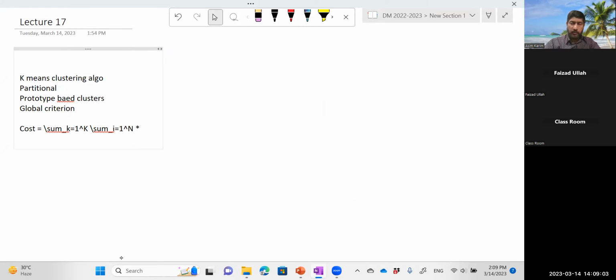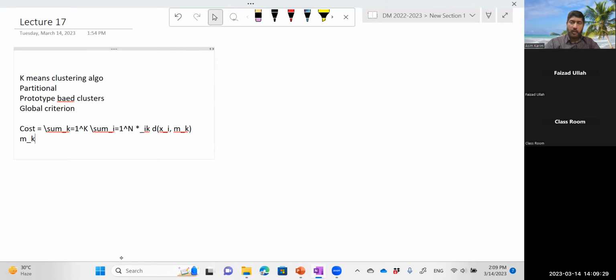So there are n objects. Then we have an indicator function ik which multiplies with the distance, ठीक है, between object x i and mean of cluster k. So x and m are in general vectors that have numbers in them. So basically numeric attributes.